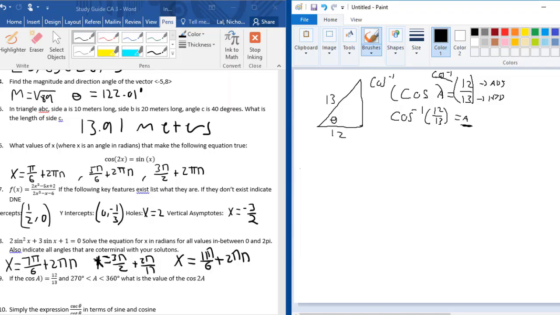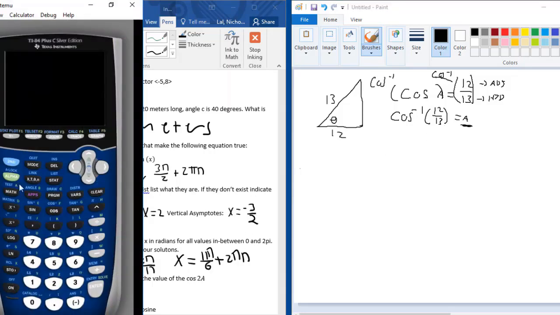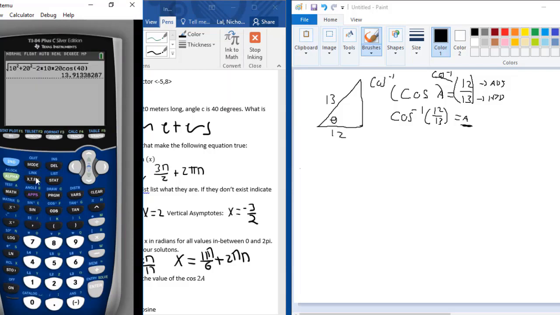So let's find what the reference angle A is. Now in degree mode, I find the inverse cosine of 12 over 13. That's 22.61.